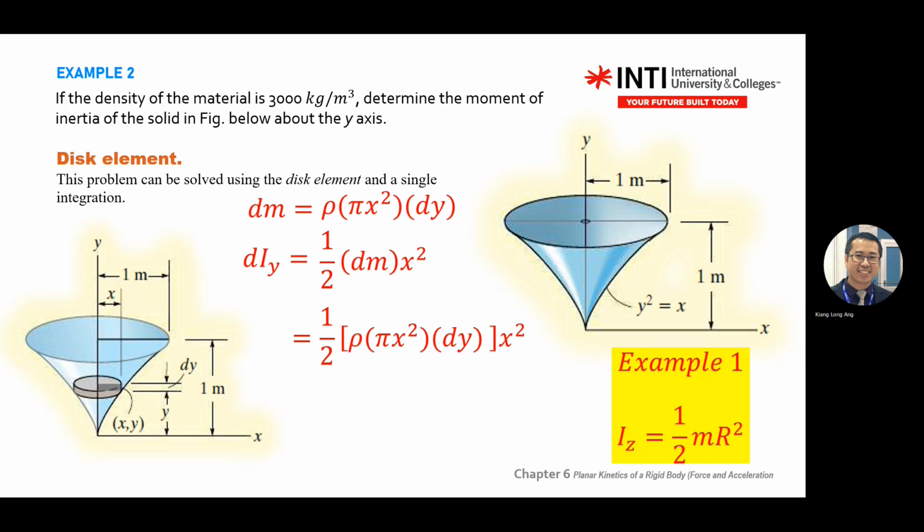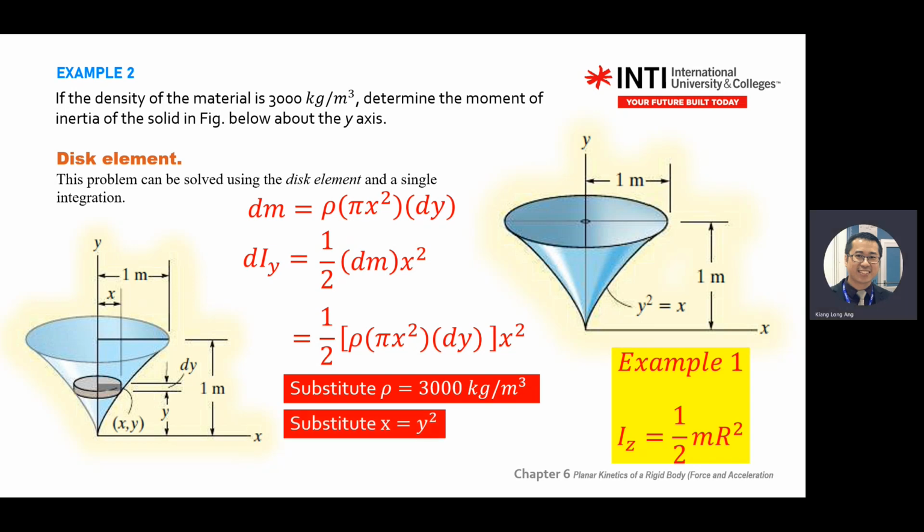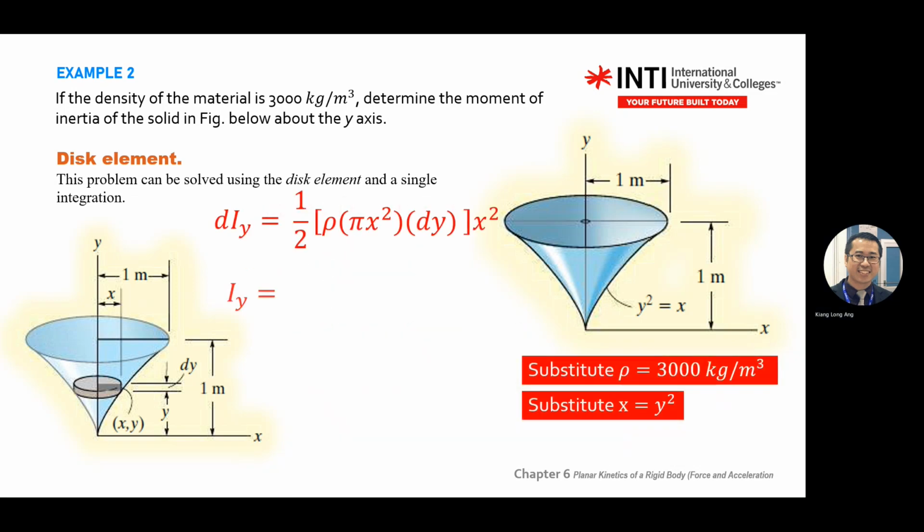Rho volume. So you substitute this one, you rearrange the equation, you get rho pi x square dy. Substitute your rho here, and then substitute your x equal to y square. Then you integrate with y, you'll get x power 4 dy.